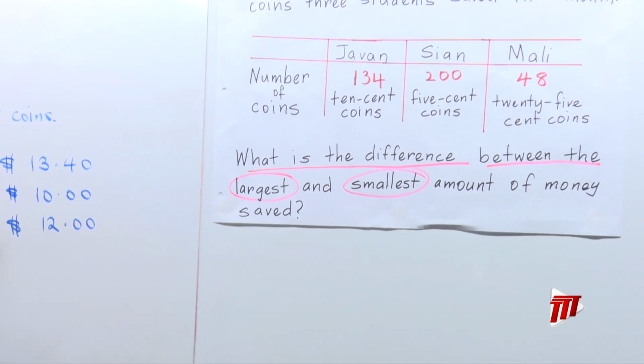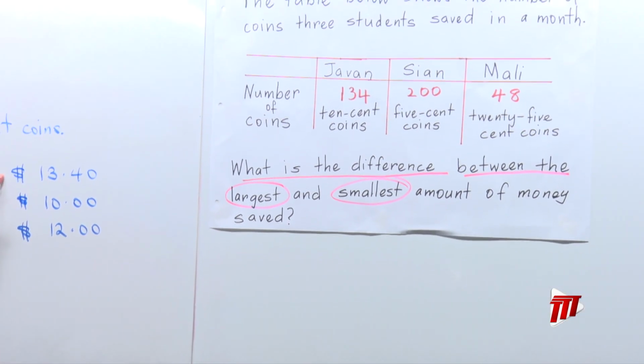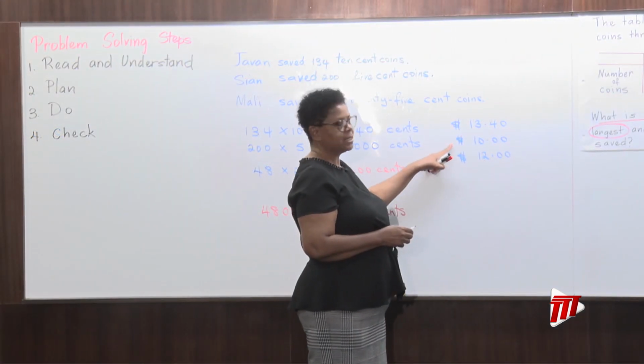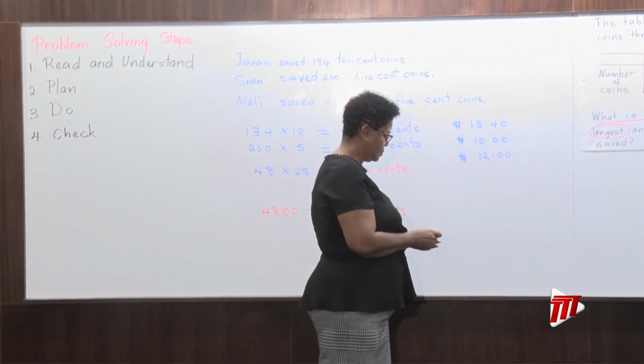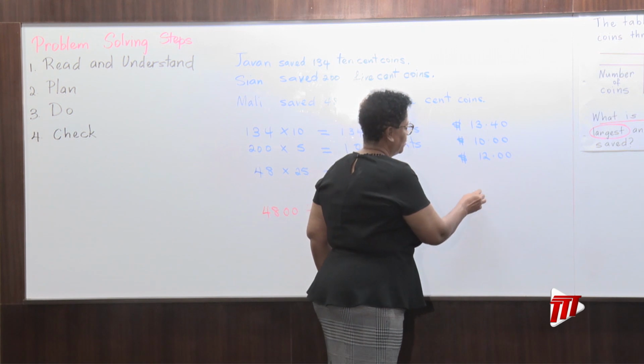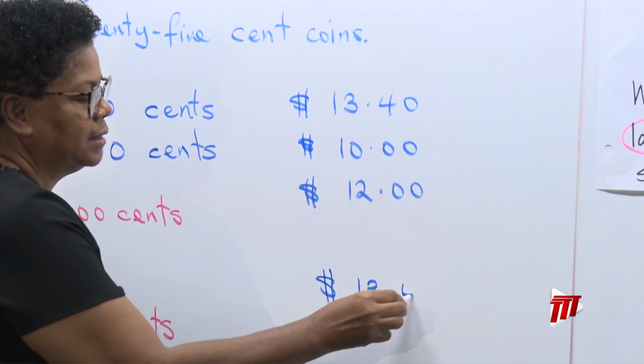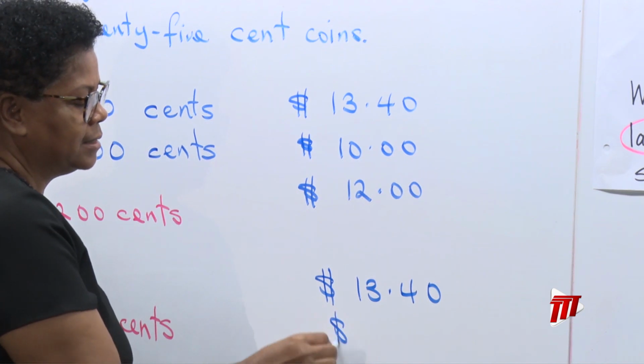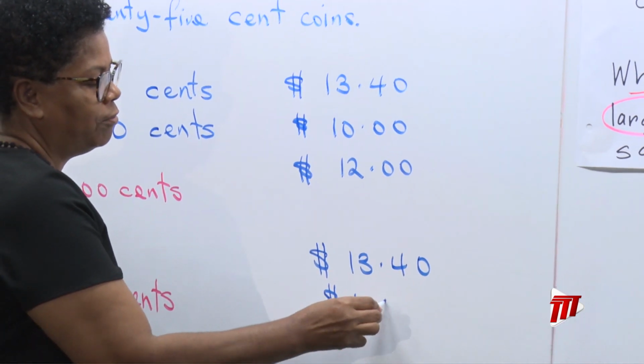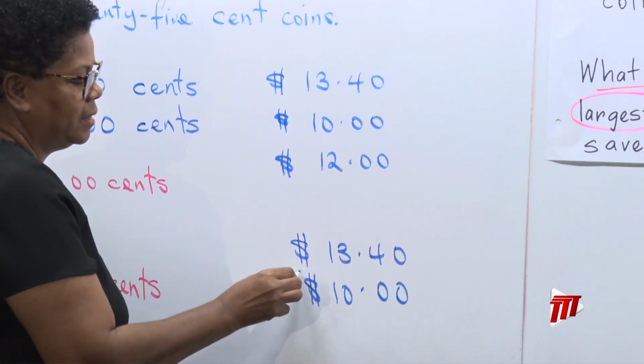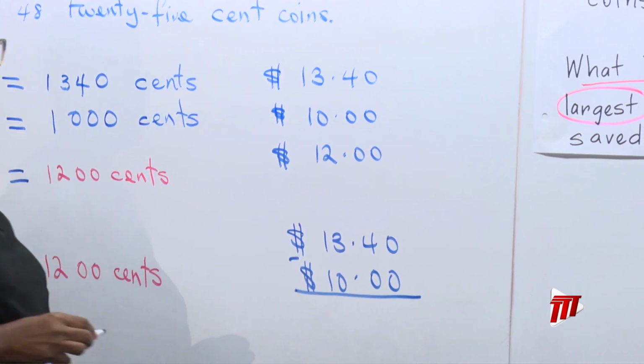The question asks that we find the difference between the largest and the smallest. So the largest is $13.40 and the smallest is $10. So we are going to subtract $10 from $13.40.